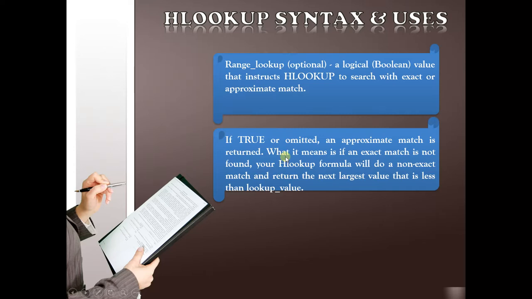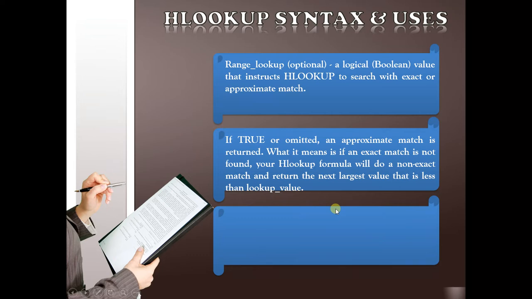What it means is that if an exact match is not found, your HLOOKUP formula will do a non-exact match and return the next largest value that is less than the lookup value.